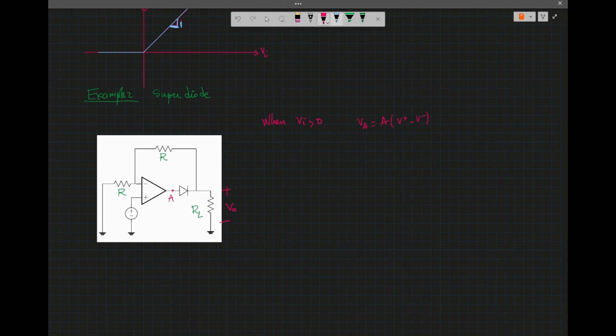Right before the diode starts conducting, VA will be equal to A times V plus.